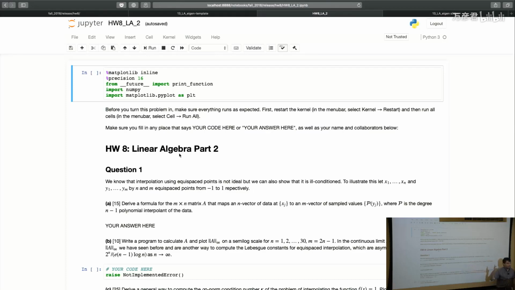The second interpolant that you're going to construct is this thing. So in this case, this is going to be the interpolant of these points evaluated at a new set of points. So instead of f in this case, you can get this.